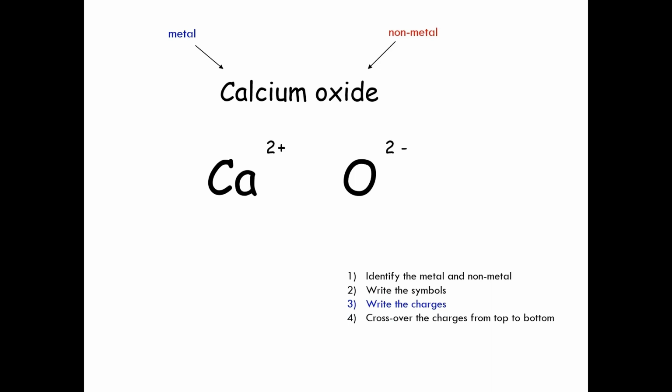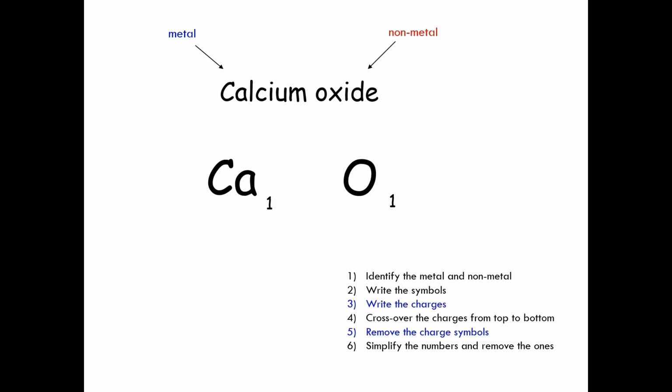Cross over the charges. So I'm going to bring down the 2 charges. Next step, remove the charges. So I'm going to remove positive and negative signs. Now I'm going to simplify and remove the ones. And so because both these numbers are 2, I can divide them both by a common multiple of 2, and I now have 2 ones.